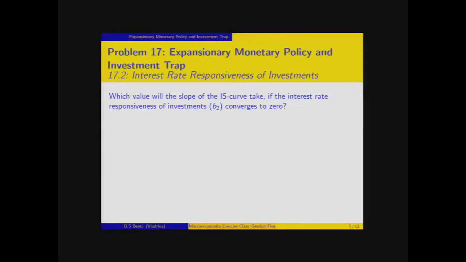The next item, 17.2, is the interest rate responsiveness of investment. Interest rate responsiveness of investment is represented by the parameter B2 in the formula that we have just seen. So which value would the slope of the IS curve take if the interest rate responsiveness of investment, or B2, converges to 0?